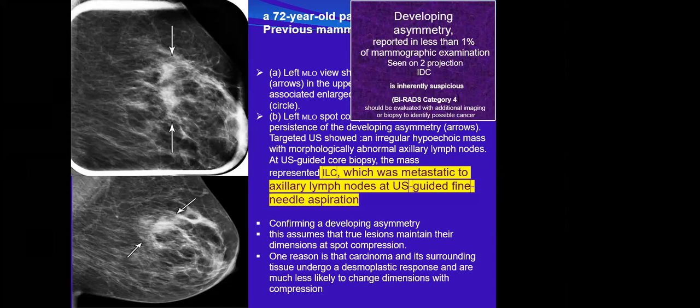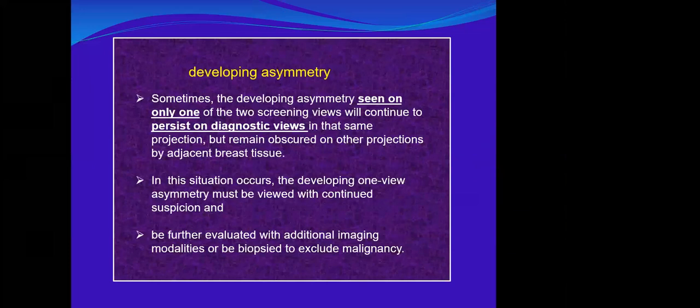And as we mentioned, usually a developing asymmetry is BIRADS 4. Sometimes the developing asymmetry is seen on only one projection of a standard screening or diagnostic mammogram. On screening, it might be seen on one projection, and when you recall the patient and do diagnostic mammography, it might still persist on one projection, you see?